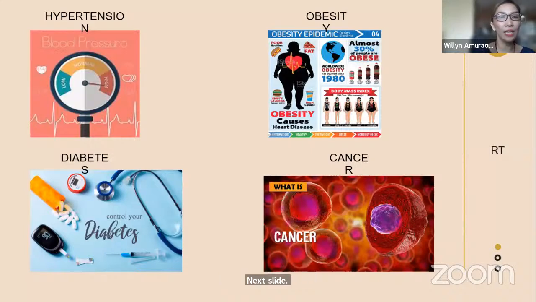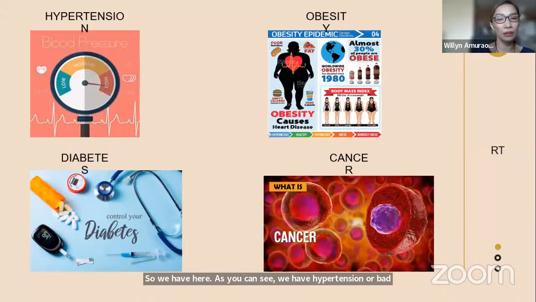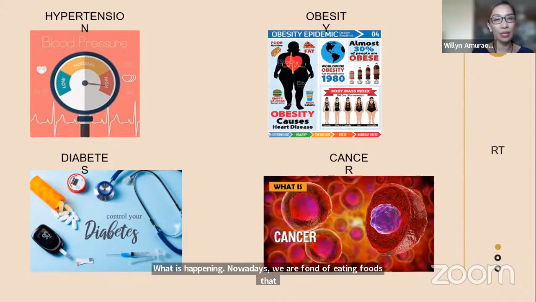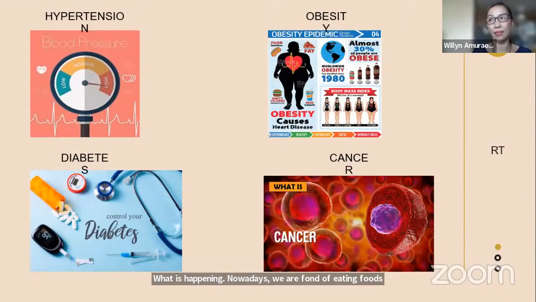So we have here, as you can see, hypertension, obesity, diabetes, and cancer. This is due to what is happening nowadays. We are fond of eating foods that are high in sugar and fats, and we're not cooking our food anymore.